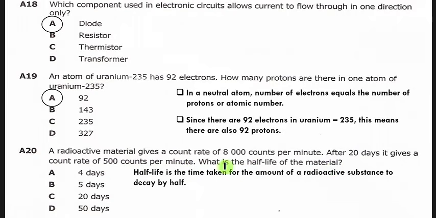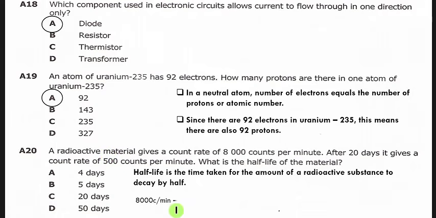So meaning, for you to be able to find half-life, you should continue halving this one. You halve it, you halve it, you halve it. So at the beginning, you have 8,000 counts per minute. Then you should halve it until you reach 500.